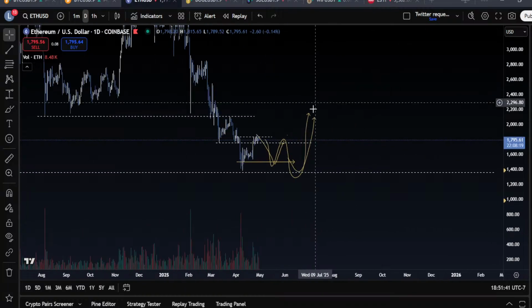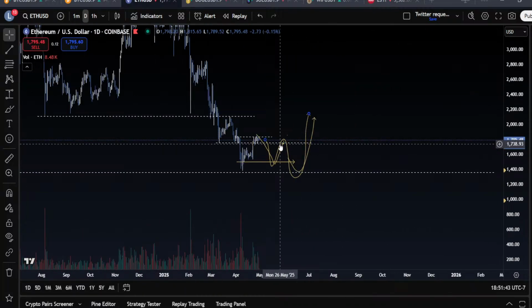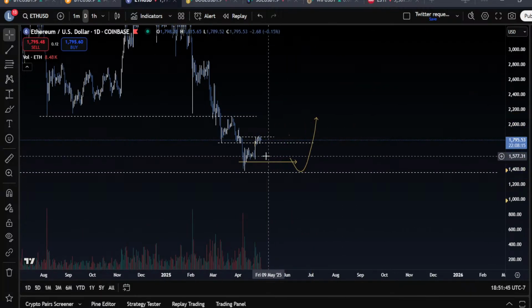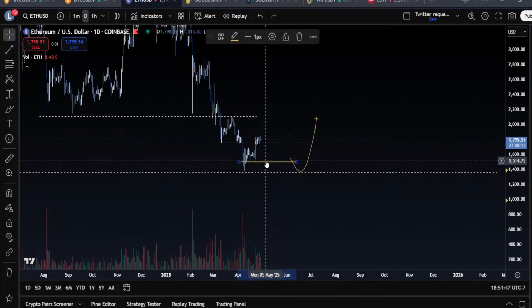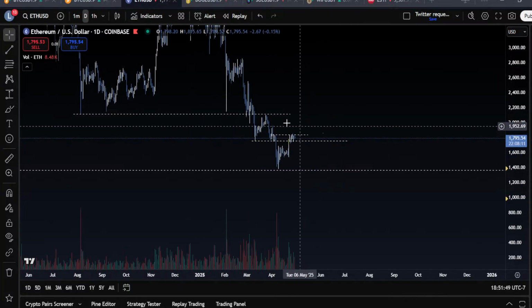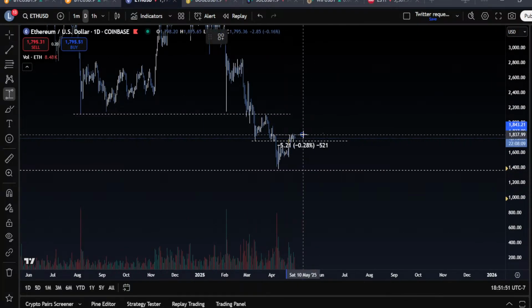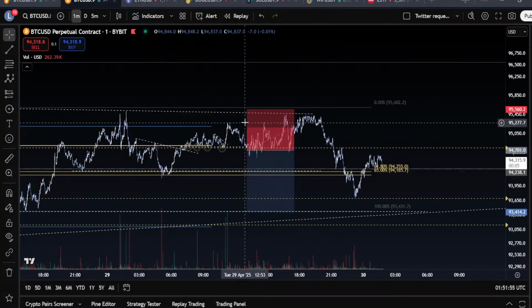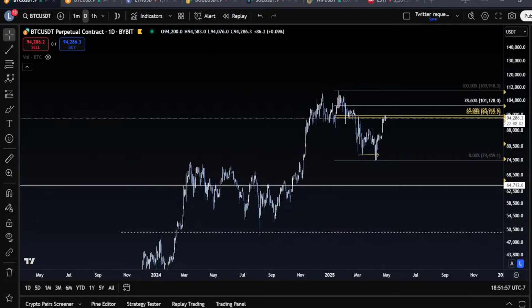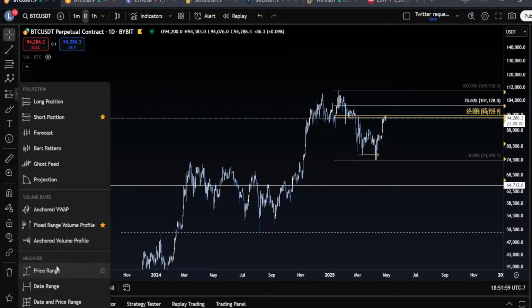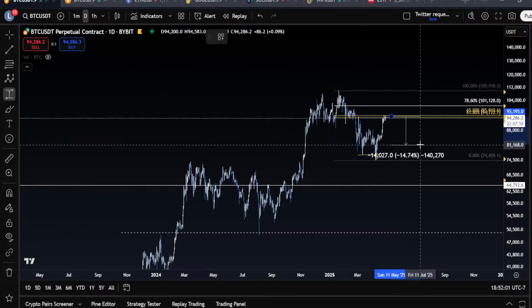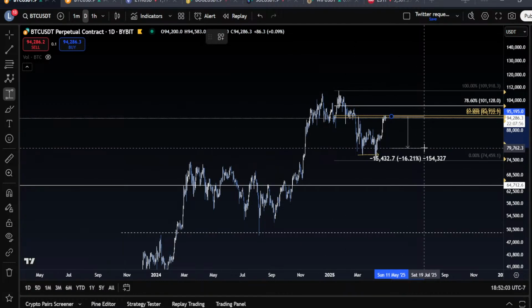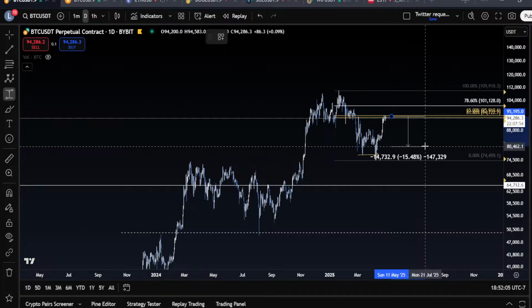You could say it's completely reasonable to think ETH would take this low in a lot of scenarios, even if Bitcoin's making a higher low. Just a weaker ETH, that's 25% away, and then you have something like 15-16% for a higher low on Bitcoin.